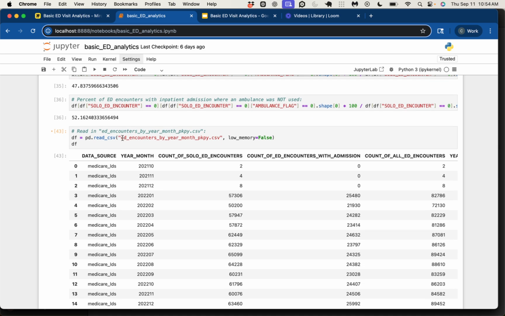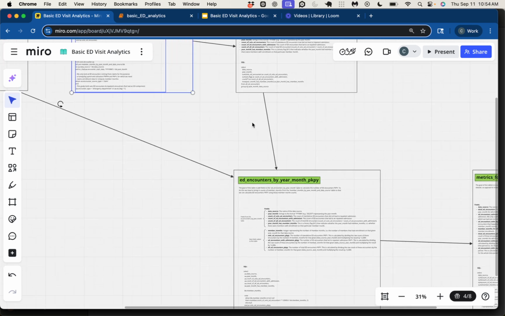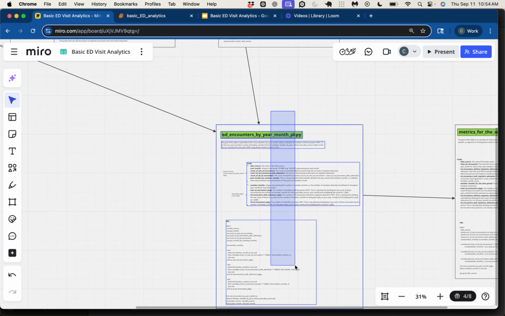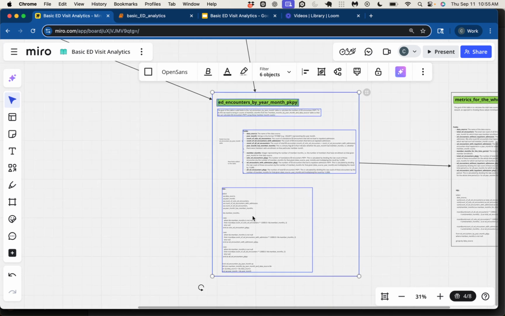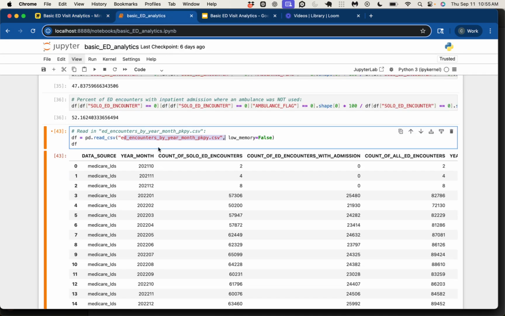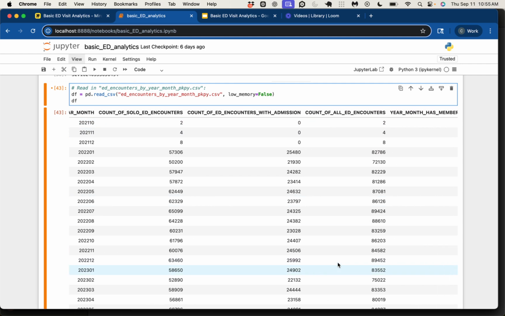Now we're going to read in this other table, ED encounters by year month PKPY. This is this table here, which shows ED encounter counts and PKPY metrics trending over time. So we read the output of that query into the pandas data frame, and we can see how for every year month, we have the count of standalone ED encounters, encounters leading to inpatient admission, and total ED encounters.